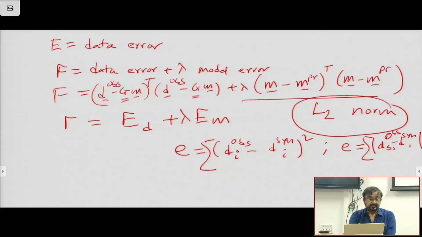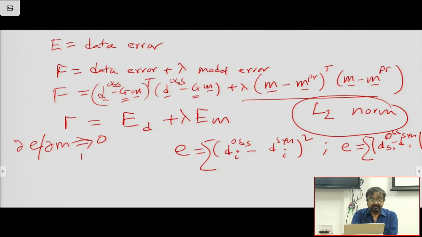What did we do? We took the derivative of E with respect to M and then set that equal to 0, right? Can we do the same thing when it's an L1 norm? Let me ask you a simpler question.